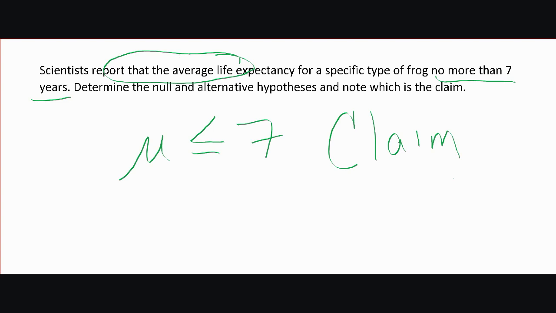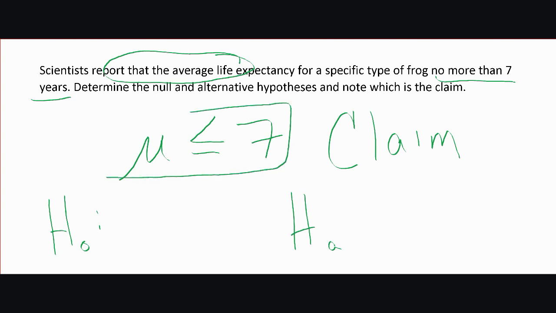With that, let's build our null and alternative hypotheses. So the null hypothesis we represent with H sub 0, and the alternative hypothesis we represent with H sub a. Now, the null hypothesis, remember, always contains equality. We happen to have an equality statement right here, right?